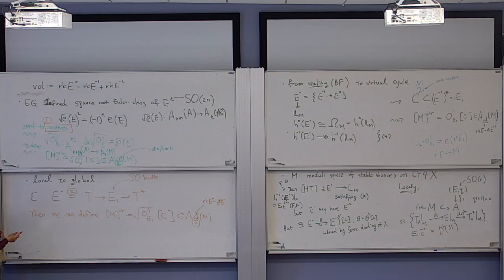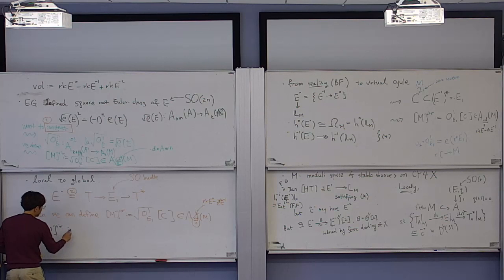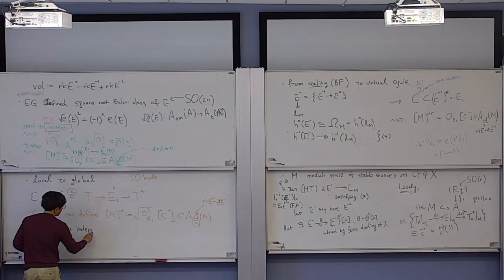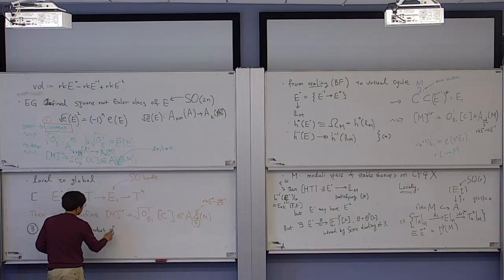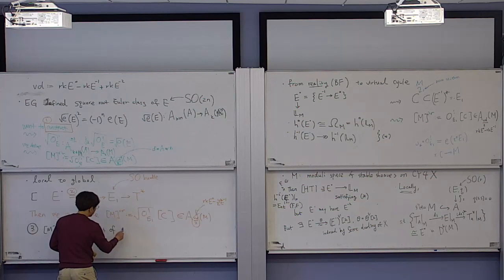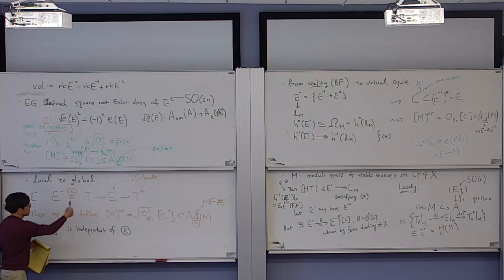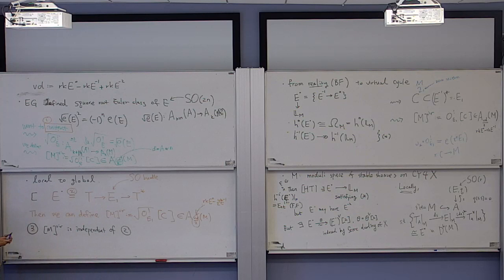The third thing we have to prove is that this construction is independent of the choices of this symmetric three-term complex.